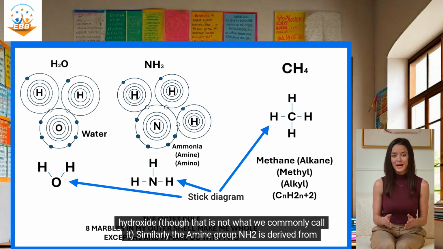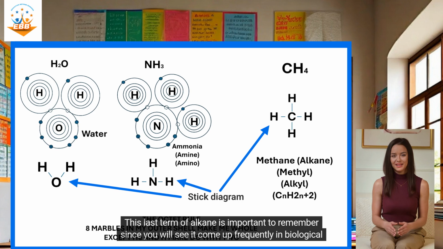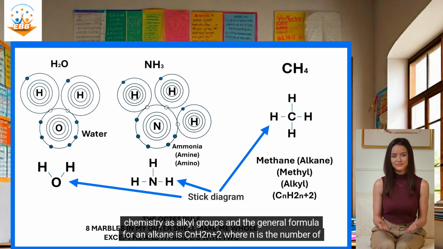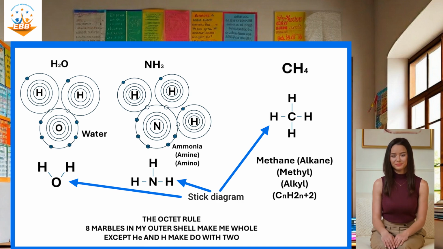Similarly, the amine group NH2 is derived from ammonia, and the methyl CH3 group is derived from the alkane methane. This last term of alkane is important to remember since you will see it come up frequently in biological chemistry as alkyl groups, and the general formula for an alkane is CnH2n+2, where n is the number of carbon atoms present in that compound.